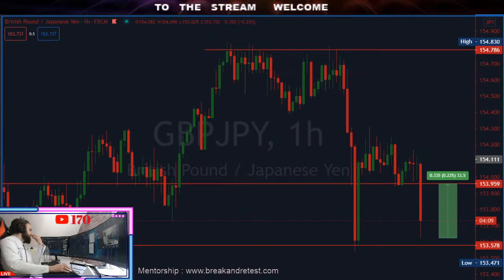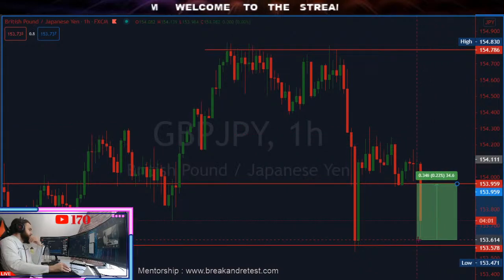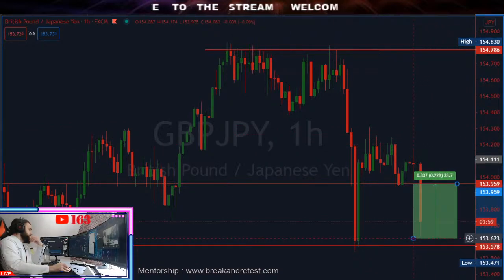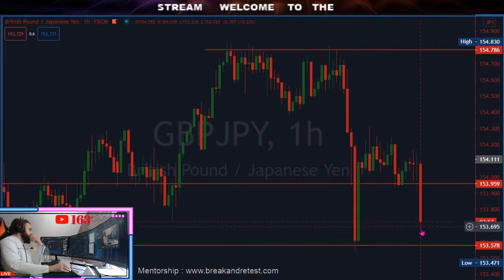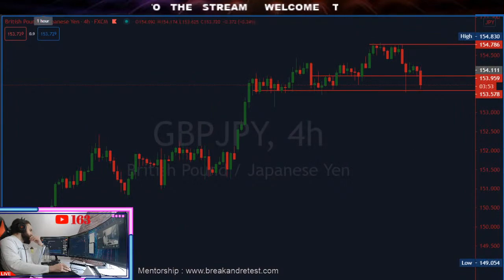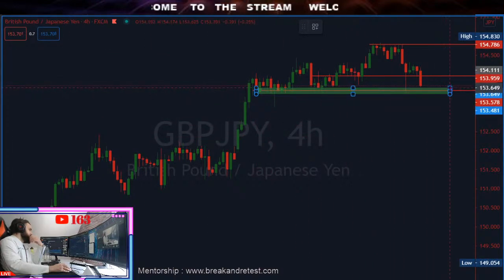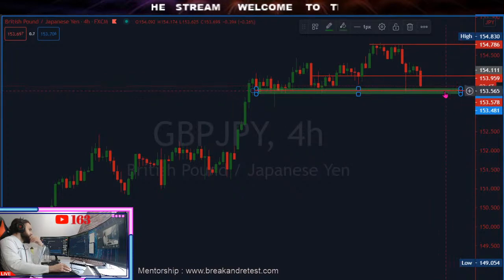High time frame still bullish on GJ, be careful. No, I'm not taking GJ anymore, because GJ pushed almost 35 pips, and it's too far now, and it filled the range. There's nothing left for us right now. What we can do on GJ is wait for a break of 153.500.